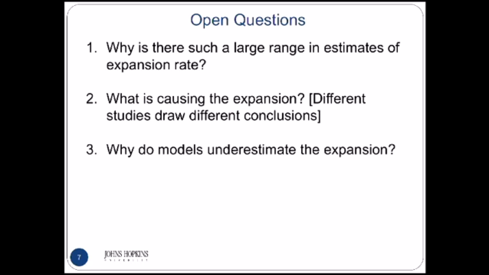Unfortunately, those conclusions don't always agree, so we need to know why there's a range of values and why it's different. And then, why do the models underestimate this? Is it because the models are missing a key process? Or because the data is uncertain? Or because the comparisons have been done incorrectly?